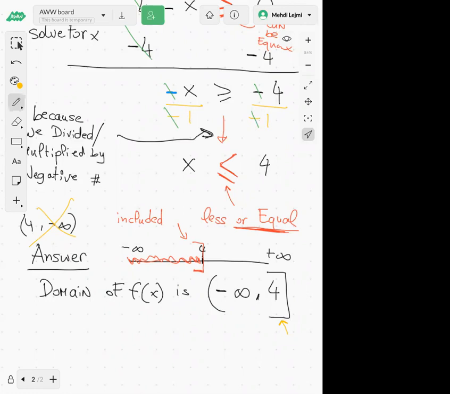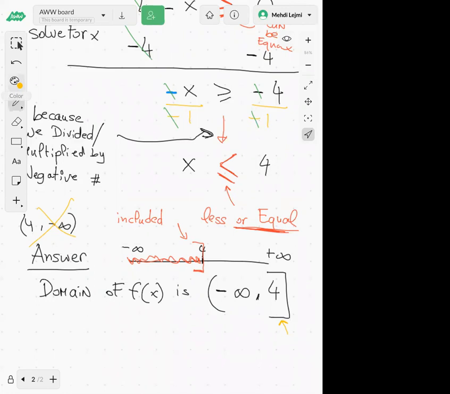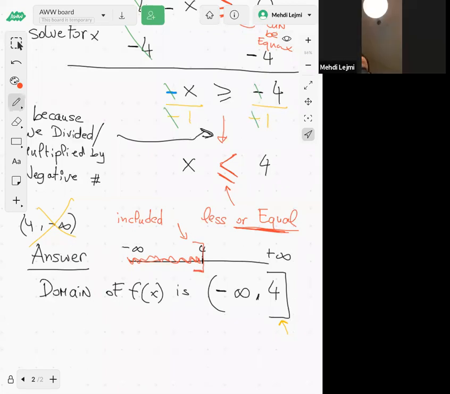Here it's a bracket, because at the beginning we were supposed to put parentheses, and in that one you put parentheses and then a bracket. The difference is because of this. You see here, my x can be equal. Do you see this line here? It means that x can be equal.